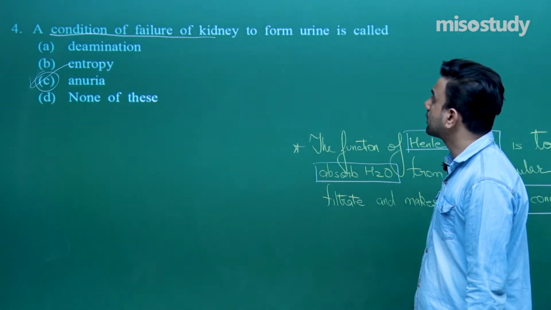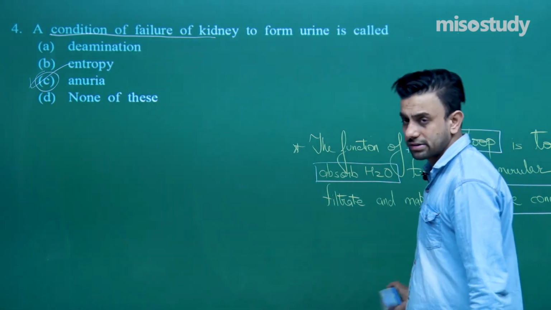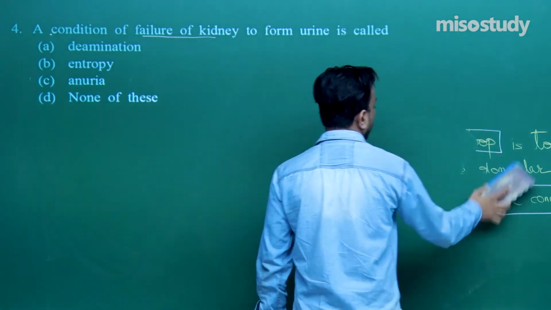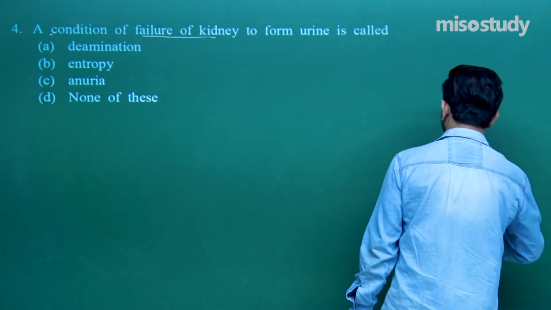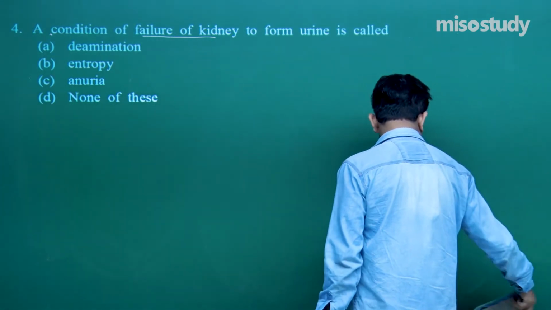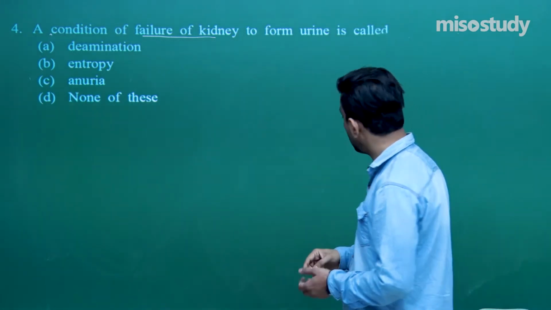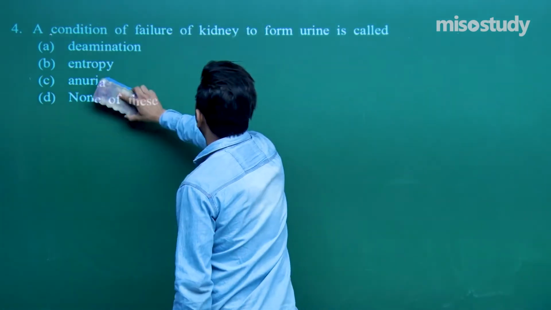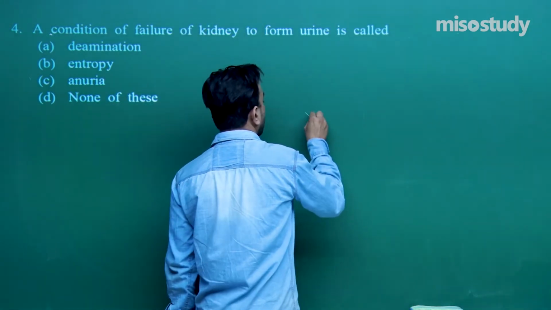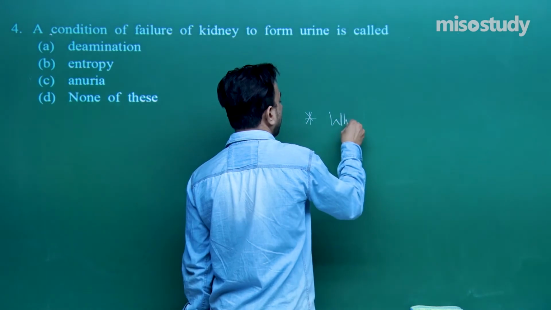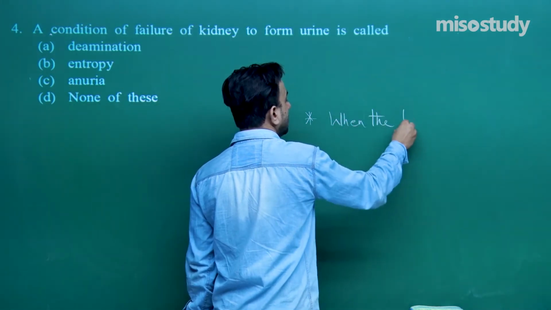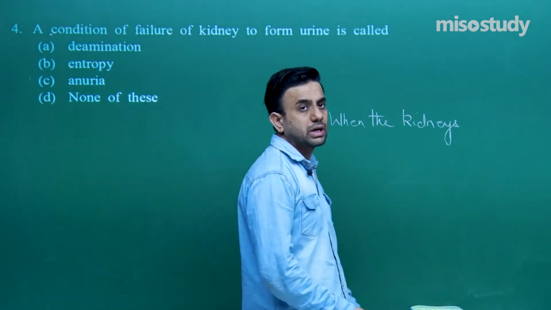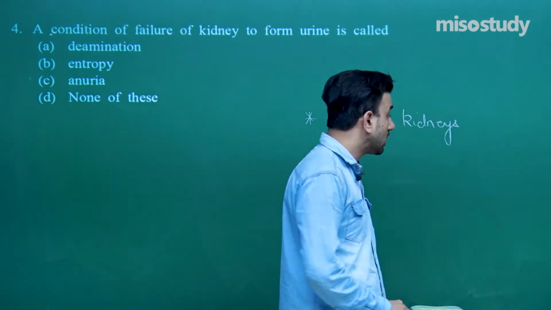A condition of failure of kidney to form urine is called as, yes, absolutely, when the kidneys fail to form urine, we call it an anuria condition.